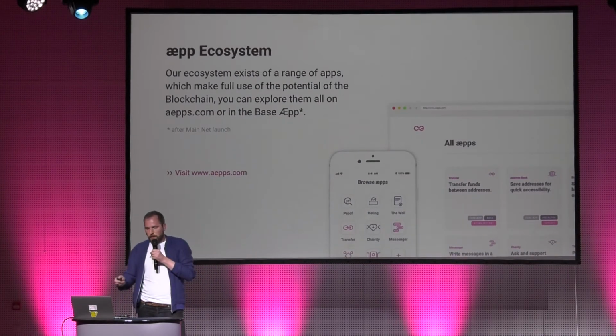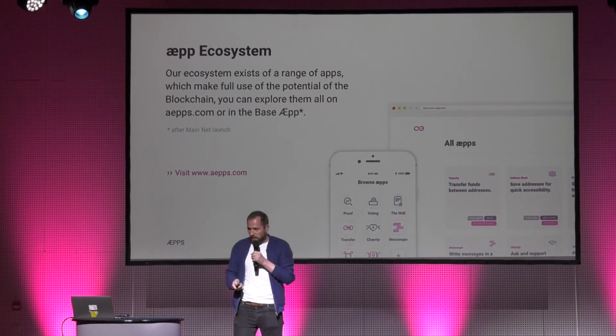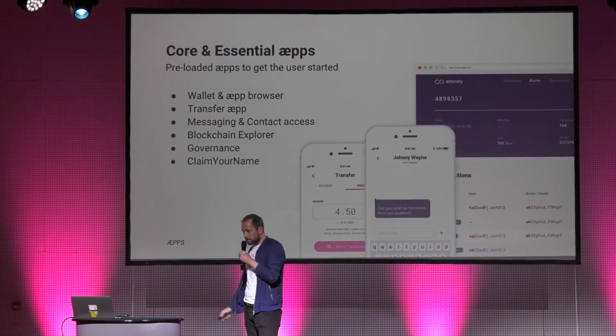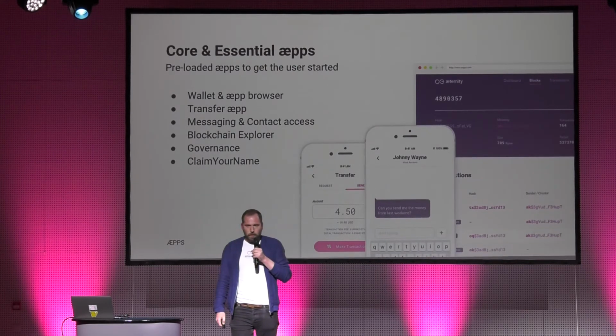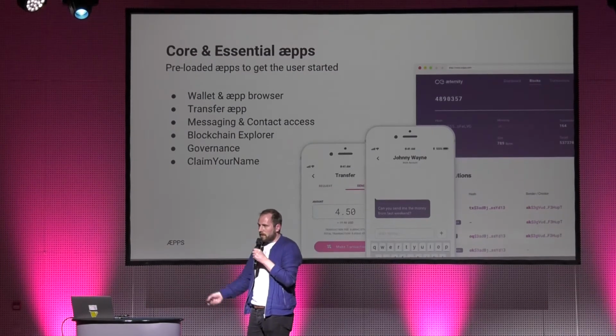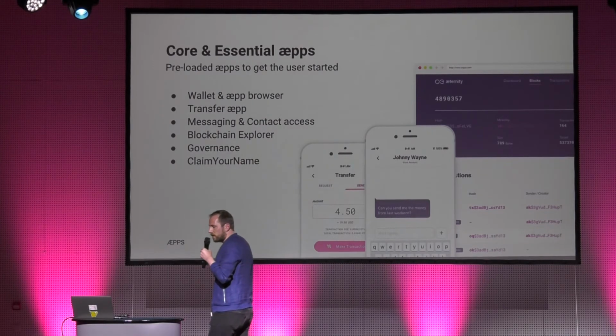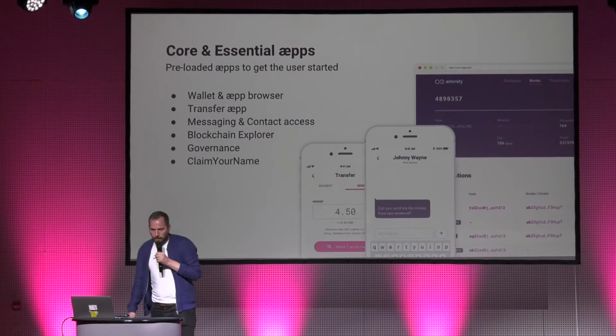We have an app ecosystem where you can publish your applications and users can find them. That helps you a little bit with distribution. And we build a couple of essential apps where you can also copy and paste code that's all open source and build something better or adapt it as you need it for your projects.